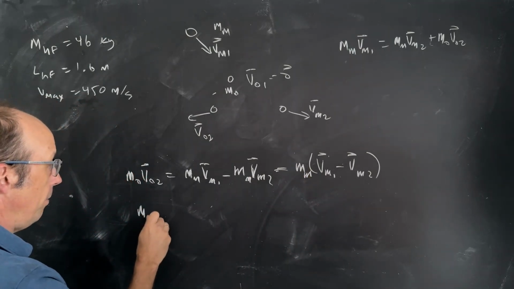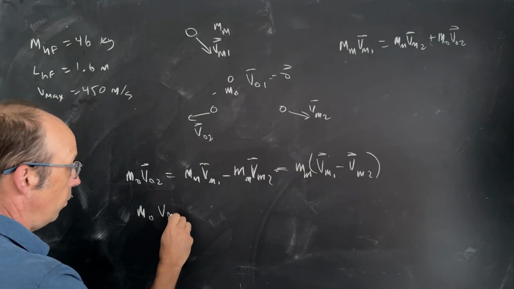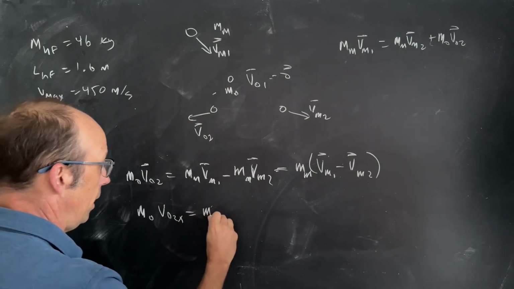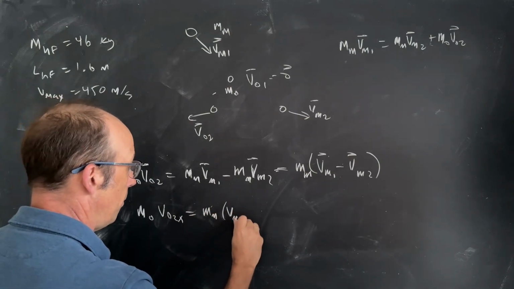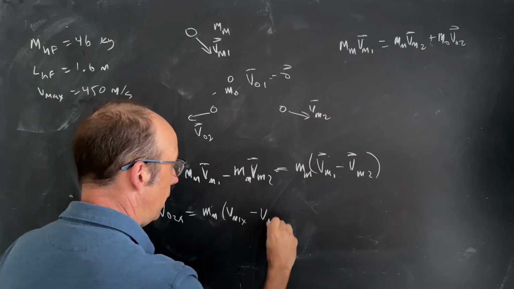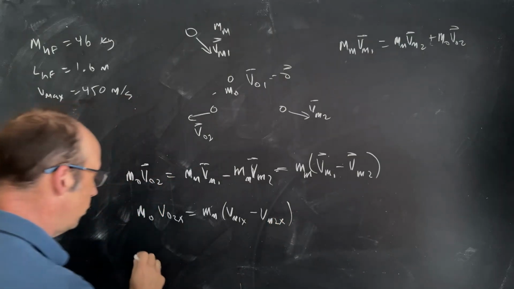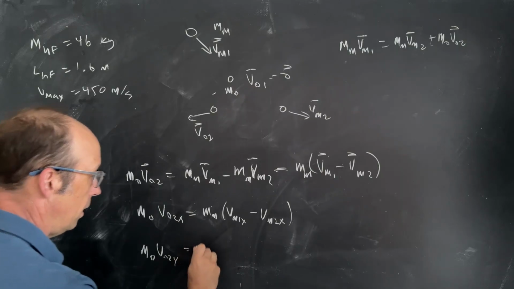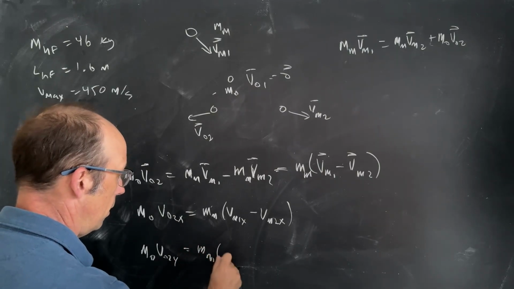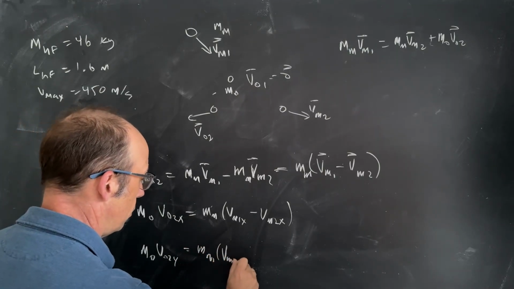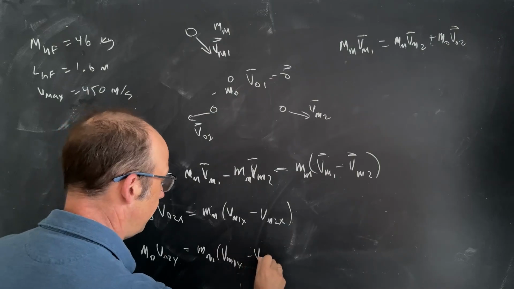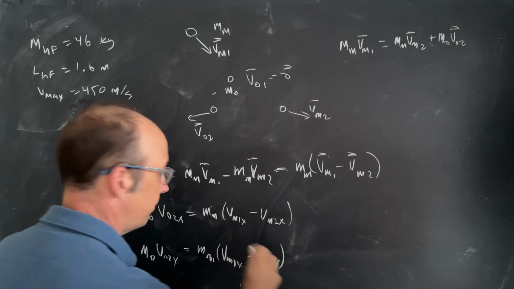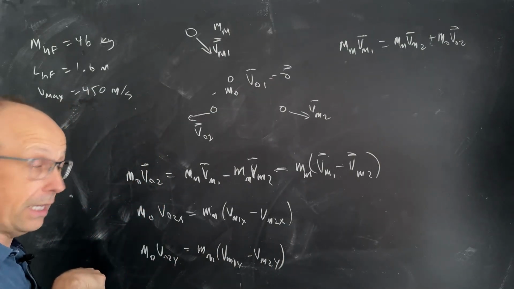So I can write M_O V_O2x is M_M times (V_M1x minus V_M2x). I can also write M_O V_O2y is M_M times (V_M1y minus V_M2y). Those are scalar equations, and I can solve for those.